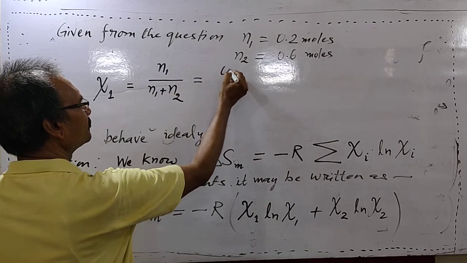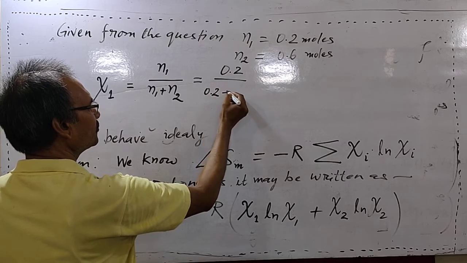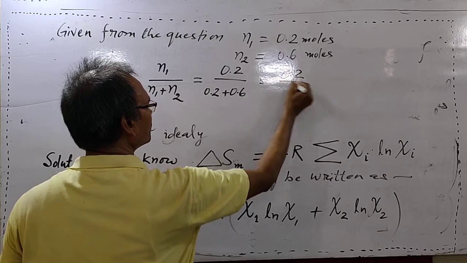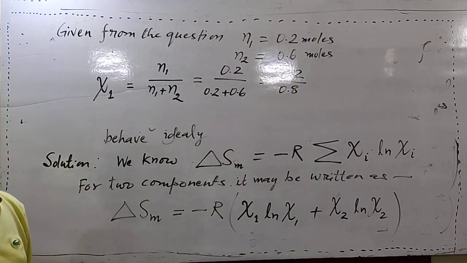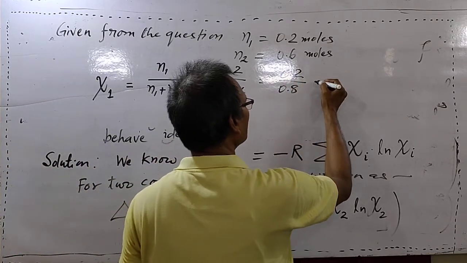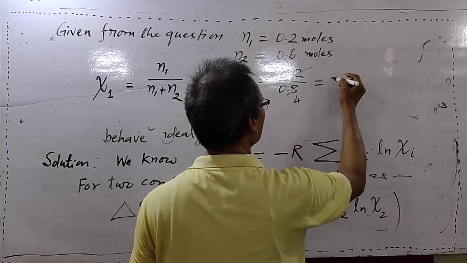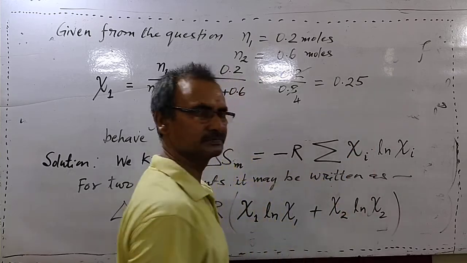This will be equal to 0.2 divided by 0.2 plus 0.6, equal to 0.2 divided by 0.8, which is 1 by 4, 0.25.